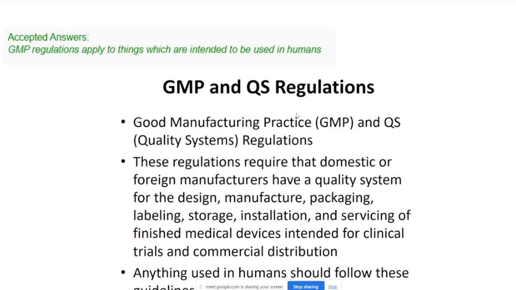These provide guidelines to domestic or foreign manufacturers to have a quality system for the design, manufacture, packaging, from the start to end of servicing of finished medical devices intended for clinical trials and commercial distribution. So anything used for this purpose should follow these guidelines.